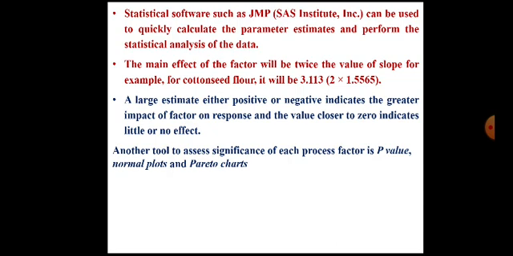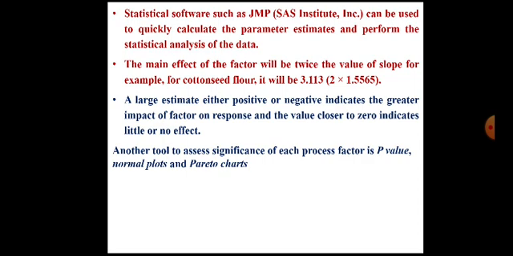The second criterion for statistical analysis, to assess the significance of each process factor, is the p value. Another method is normal plots, and one more is Pareto charts.